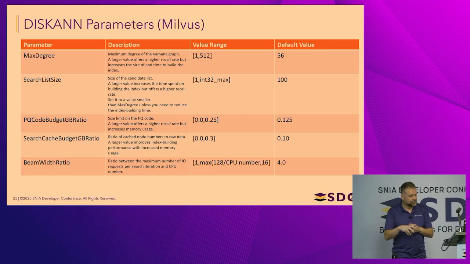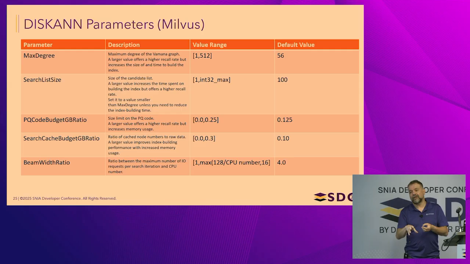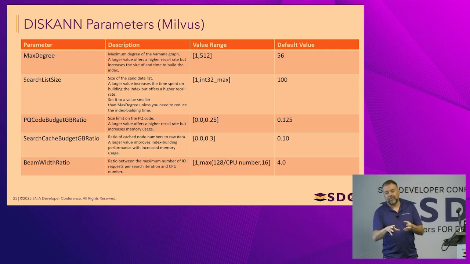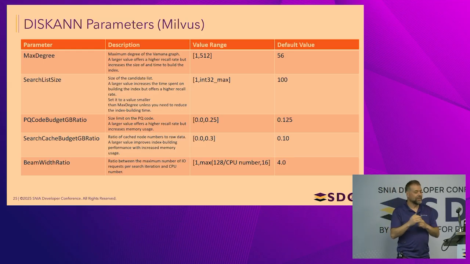Search list: when you are doing the search, how big your candidate list is. So once I do a query, how many points, neighbors, I fetch with that search. So you have those different parameters.